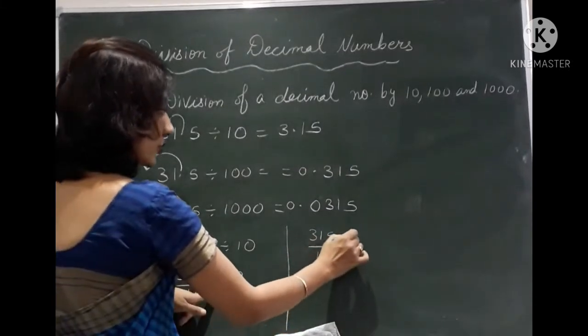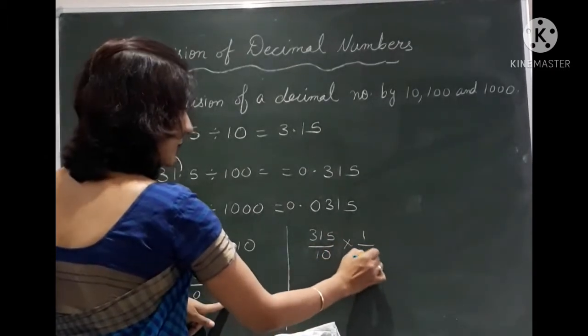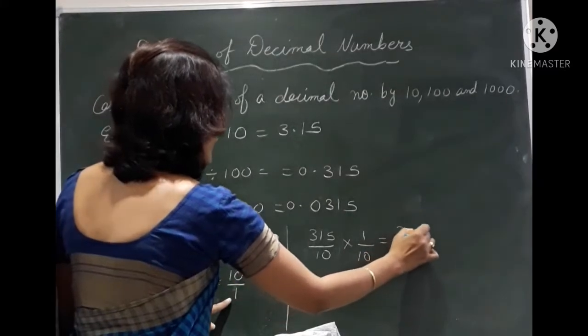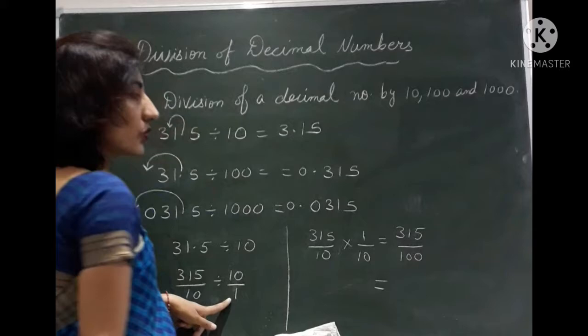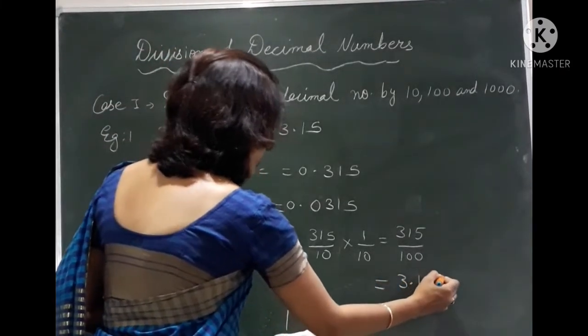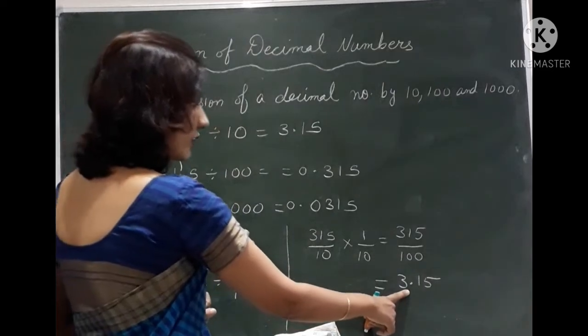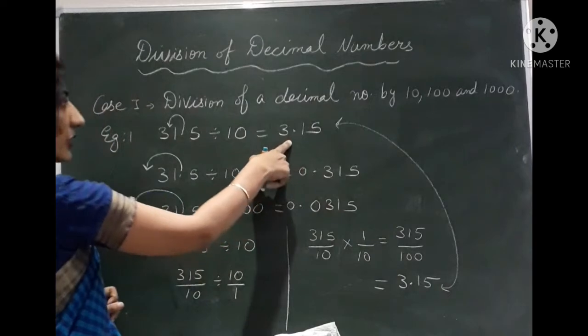The division sign changes to multiplication and the reciprocal of the second fraction becomes 1 upon 10. So this will be 315 upon 100. Now here in the denominator there are 2 zeros, so in the answer I will put the decimal. After the decimal there should be 2 digits, so it will be 3.15. You can see this answer and this answer are the same, 3.15, 3.15.